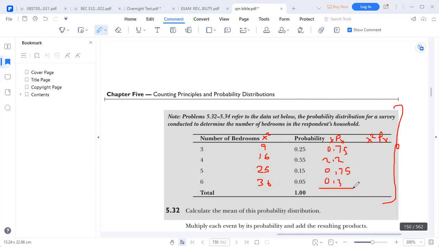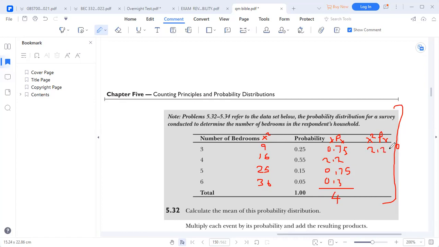Then when you add them up, we're going to get 4. And here we're going to now multiply 9 by 0.25.